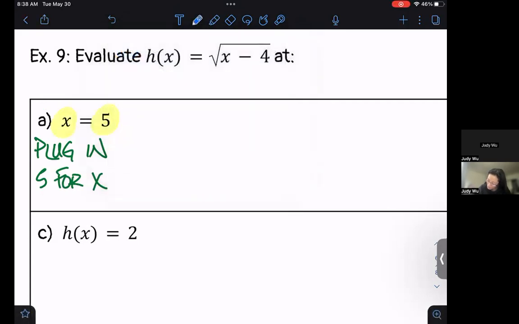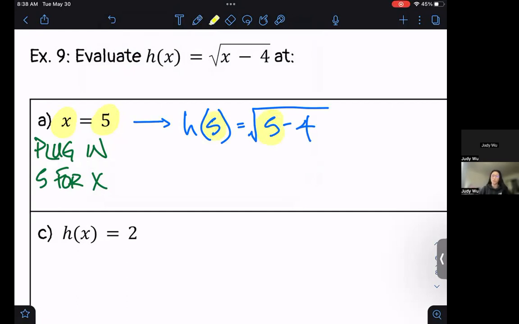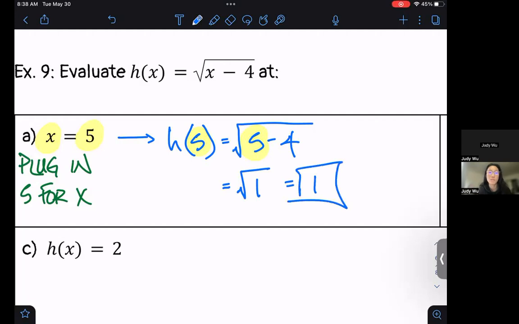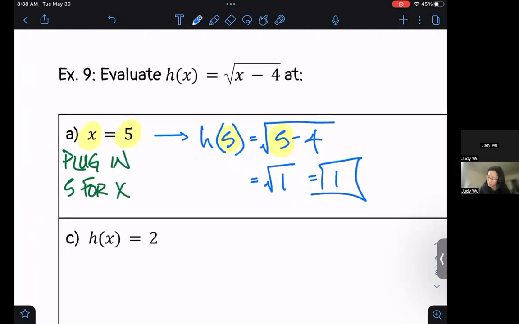So h of 5 equals the square root of 5 minus 4. Everywhere I see the x, I replace it with the 5, and we do a little bit of mental math. 5 minus 4 is 1, so the square root of 1. And this is a nice square root, so I would want us to simplify this.